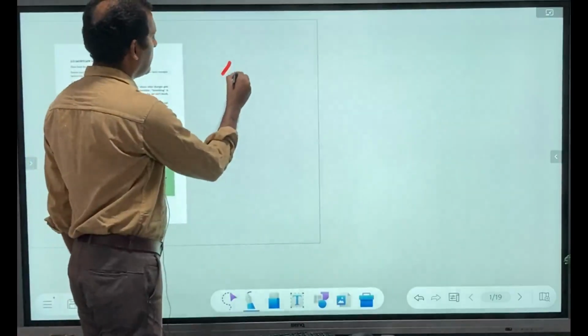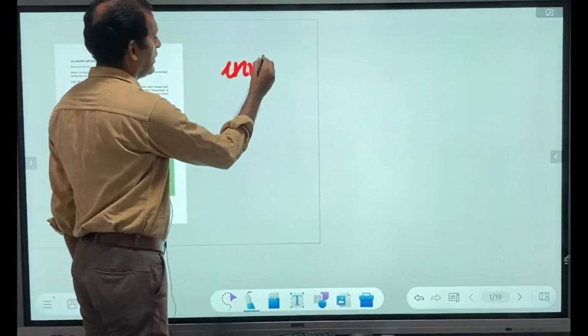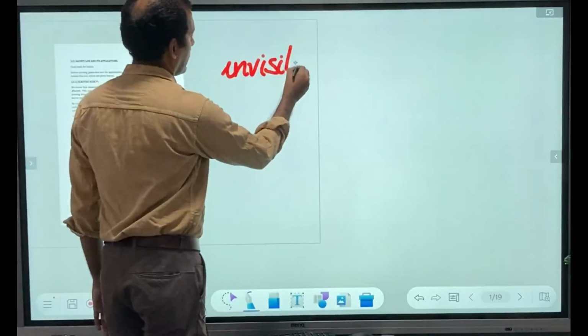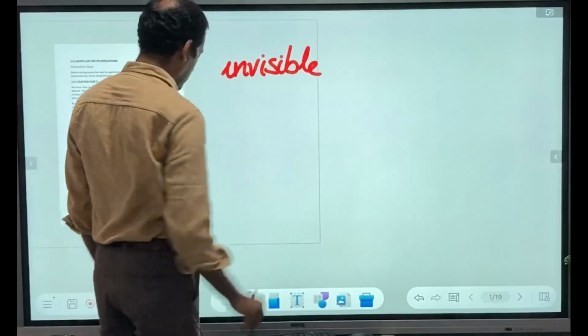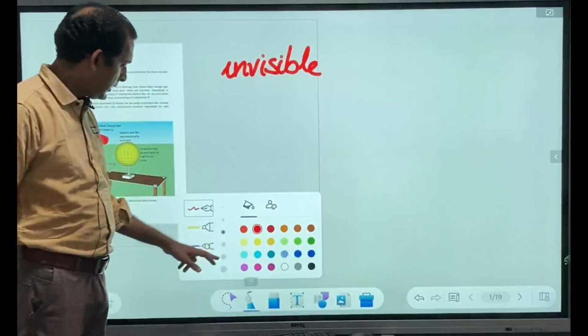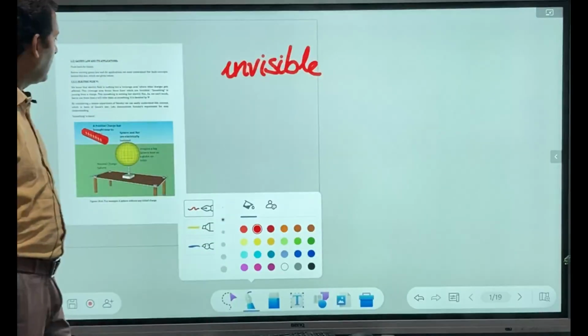These force lines cannot be seen by the naked eyes.